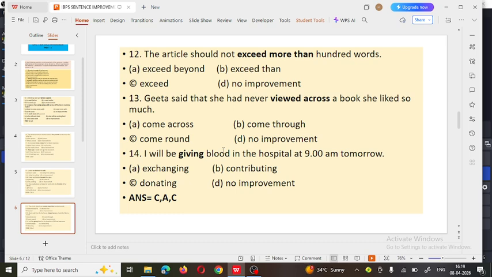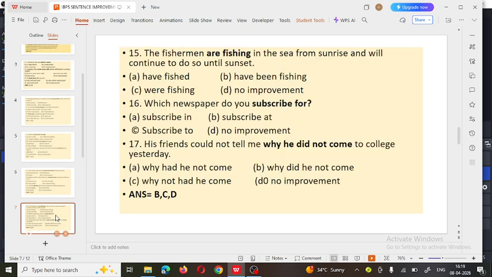Exchanging, we are not exchanging, we are giving it without any expectation. Contributing blood won't be there. Donating is more appropriate in this context when we are talking about donation of blood. So I will be donating blood in the hospital at 9 a.m. tomorrow. Option C is correct in this sentence.